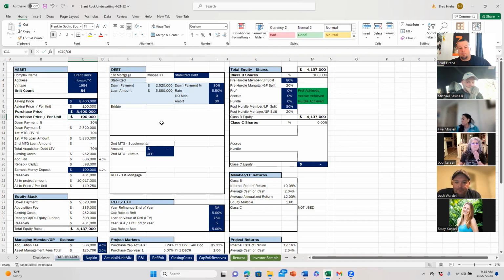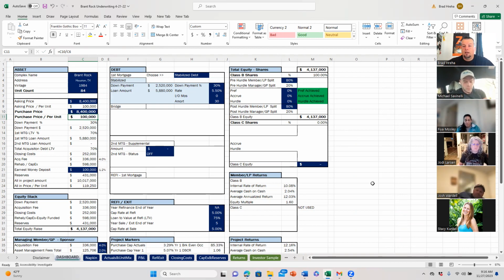So the ask on this property was $100,000 per door, 84 units, was 8.4 million. I want to just play around with the spreadsheet on any questions you guys have, just so you can understand once the deal gets to this point, where you've figured out how it's going to look and all the underwriting is in, how you come up with your offer price, how you come up with the returns that you want.